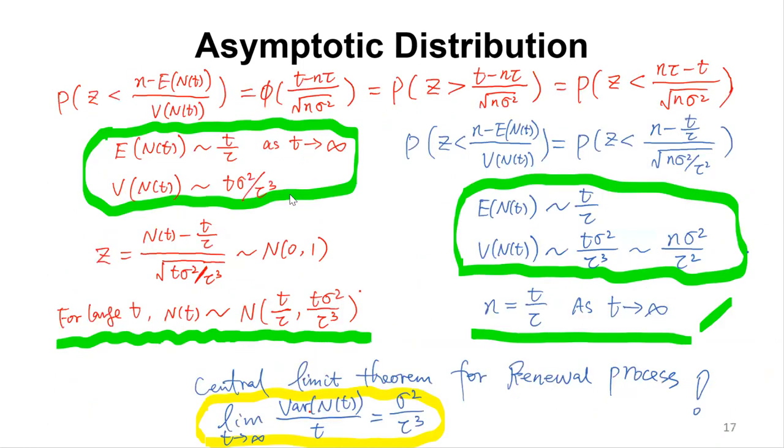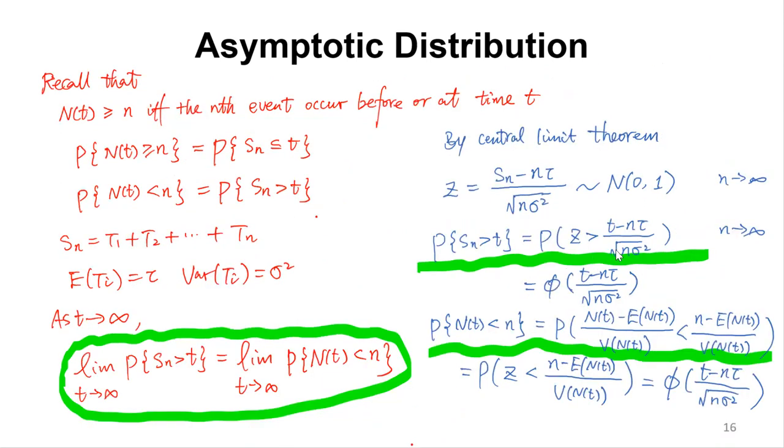Now let's continue to look at it. We know this probability, Z less than n minus the expectation divided by the standard deviation, equals phi of (t minus n tau) over the square root of n sigma square, which equals the probability that Z is greater than this, right?